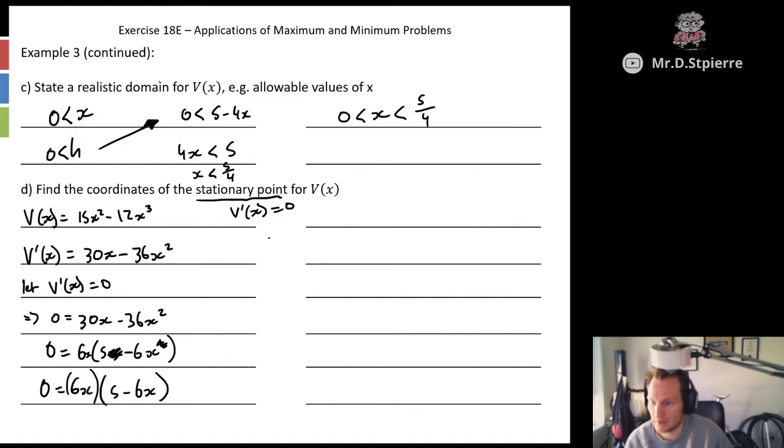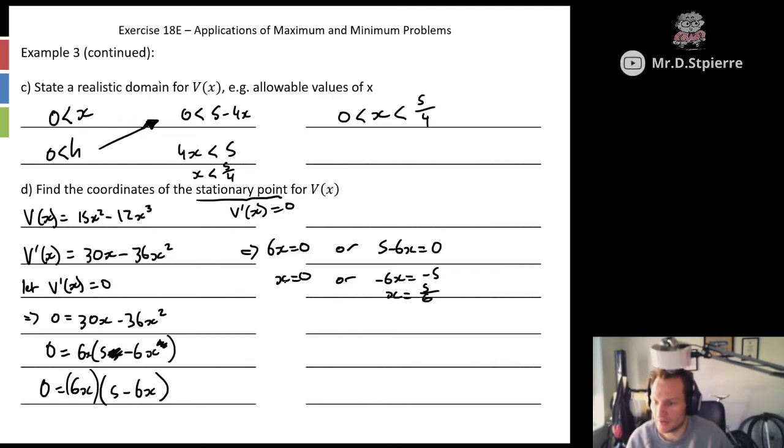So it follows on that 6x is equal to 0, or 5 minus 6x needs to be equal to 0. So we get x is equal to 0, or we get negative 6x is equal to negative 5, x is equal to 5 on 6. So the stationary point is either at x equals 0 or x equals 5 on 6.